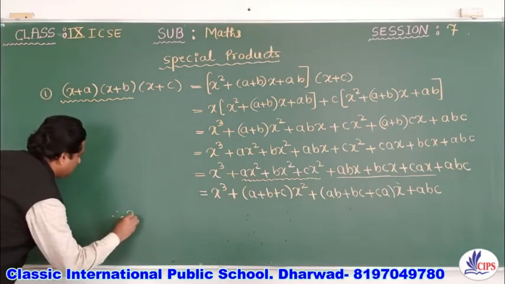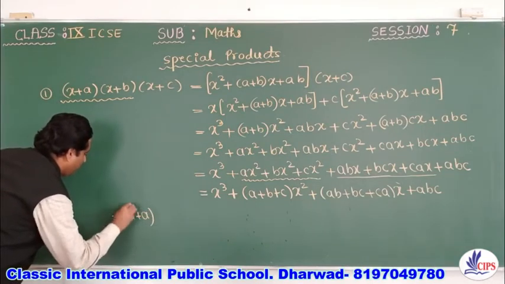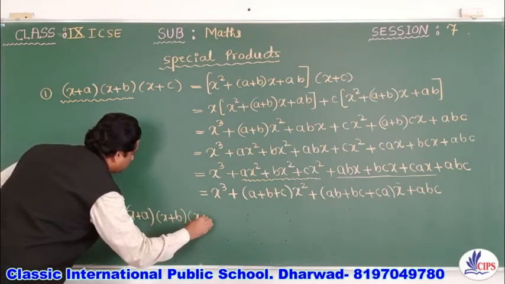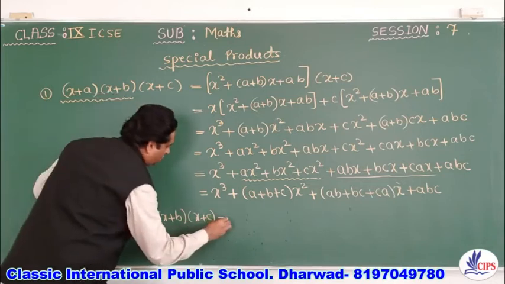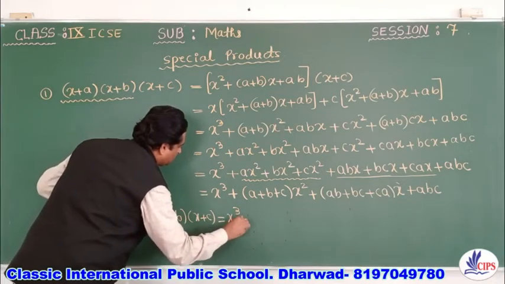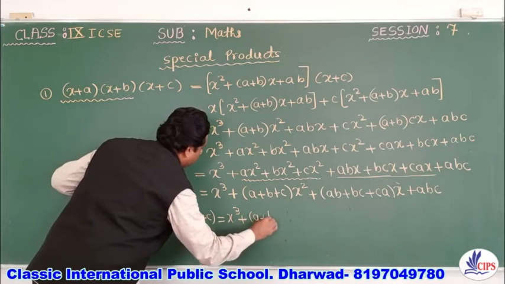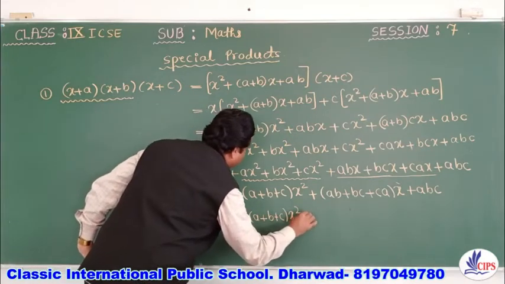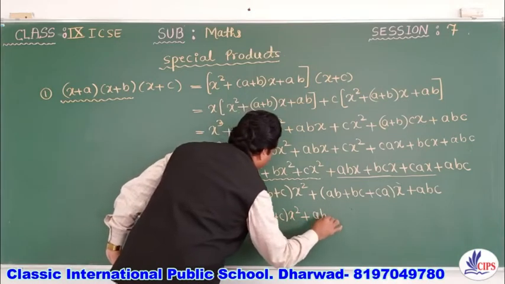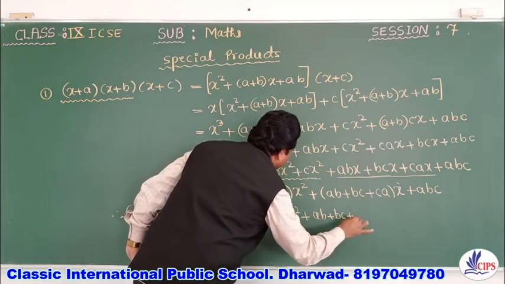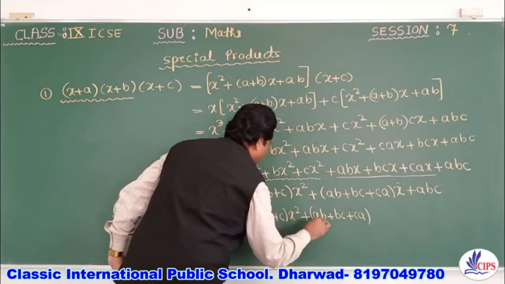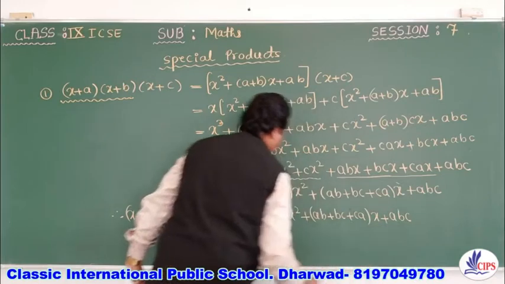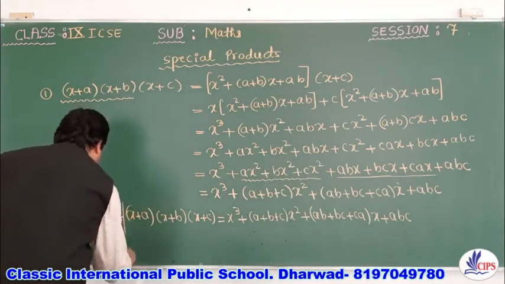Okay, (x + a)(x + b)(x + c) is equal to x³ + (a + b + c)x² + (ab + bc + ca)x + abc. You have to remember this product.